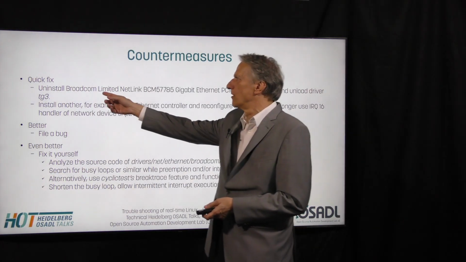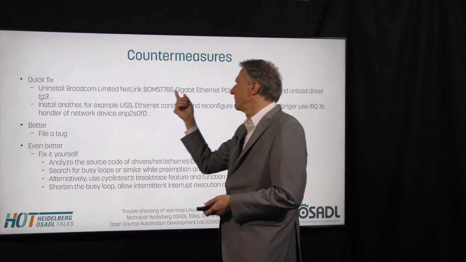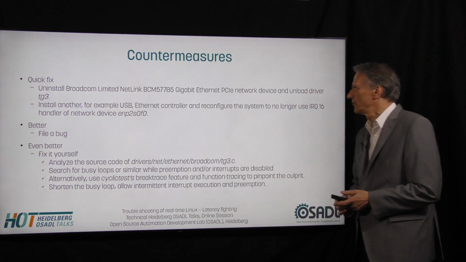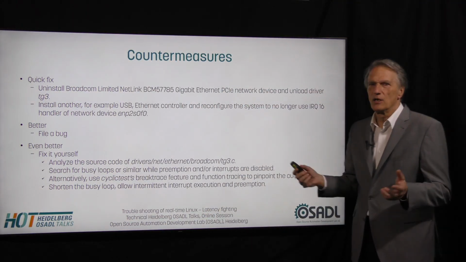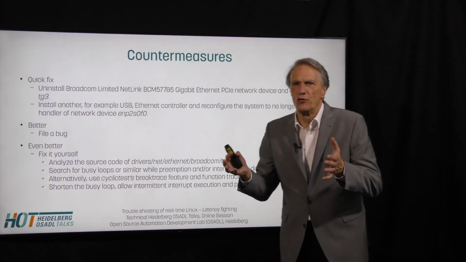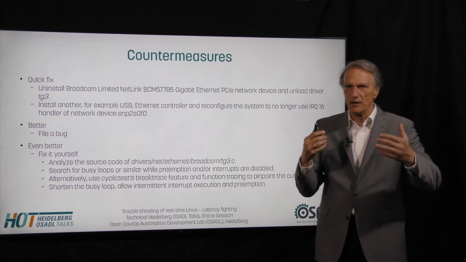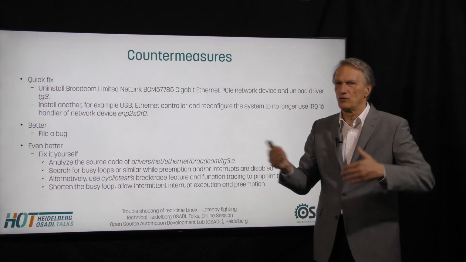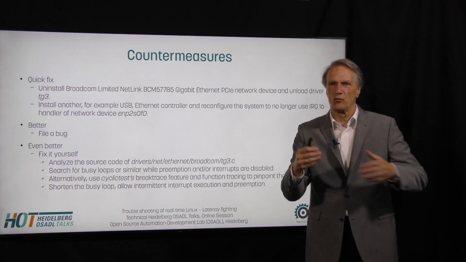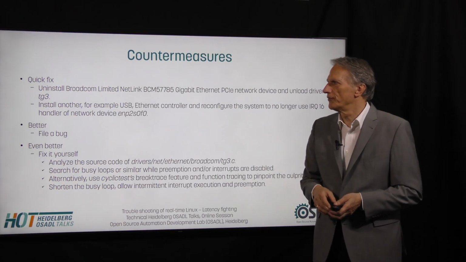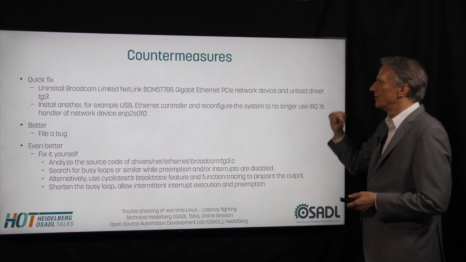It is a Broadcom NetLink Gigabit Ethernet PCI Express network device. And it is very probable that the interrupt execution of this device, in close collaboration with the device, is responsible for the problem. So let's unload it.